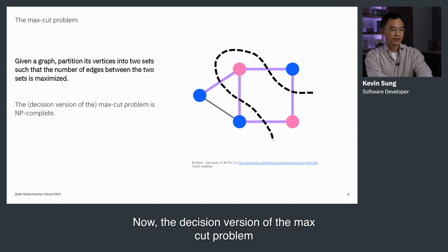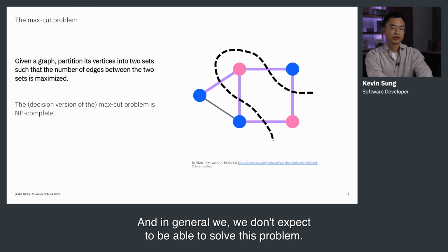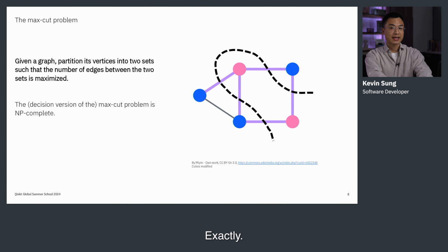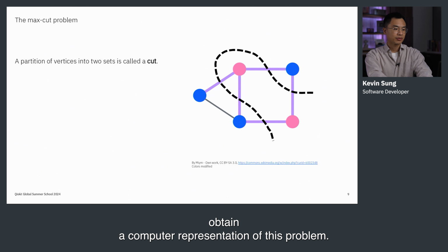Now, the decision version of the max cut problem is a canonical example of an NP-complete problem. This class of problems is very difficult, and in general, we don't expect to be able to solve this problem exactly in practice. Now I'm going to give some definitions that will help us obtain a computer representation of this problem.